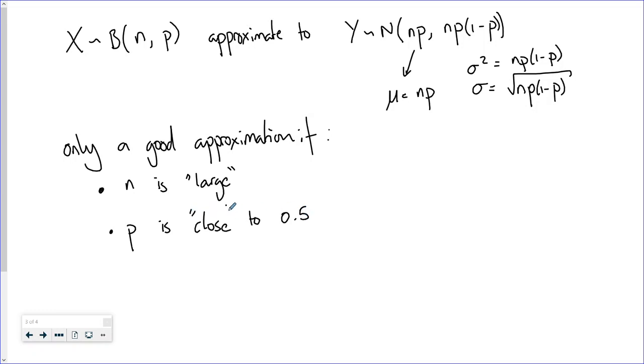We're not actually told how large n has to be or how close p has to be to 0.5. But in the exam questions, it'll always be fairly obvious, and you'll be able to tell from the context of the question the kind of answer that you need.